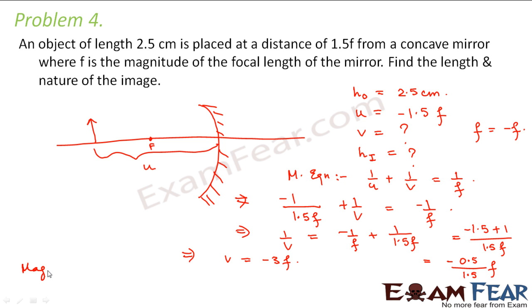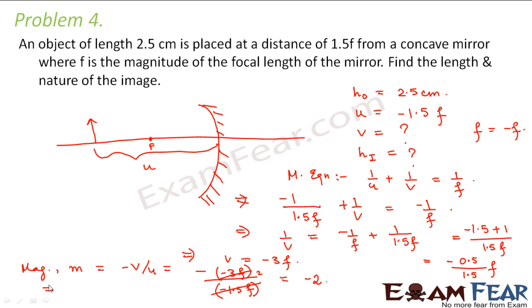Now let us calculate the magnification m, which is equal to minus v by u. So this is equal to minus of minus 3f divided by u, which is minus 1.5f. So magnification comes out to be minus 2.